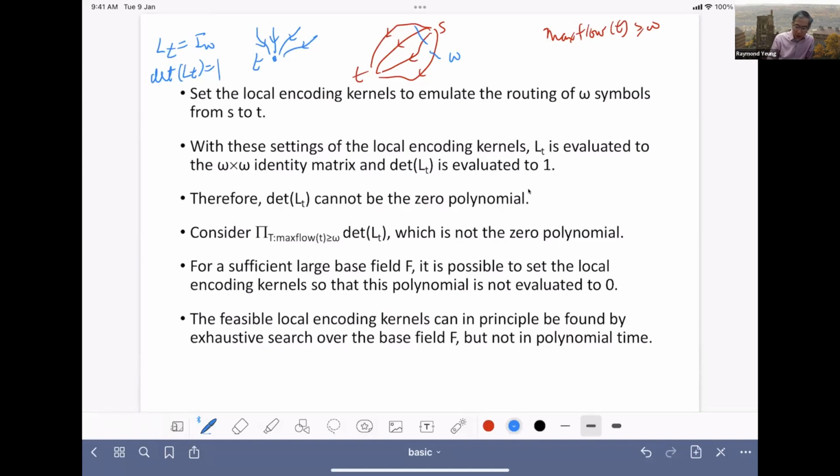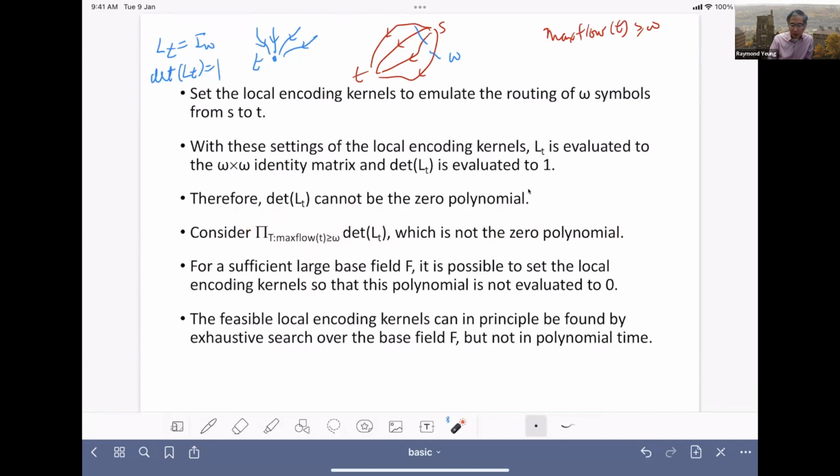Then in the next step, you form a gigantic polynomial. Each one of these determinants of LT is a polynomial, and you form this gigantic polynomial by taking the product of all these determinants for all T such that the max flow of T is greater than or equal to omega. Because each one of these determinants is not the zero polynomial, this gigantic polynomial is again not a zero polynomial.